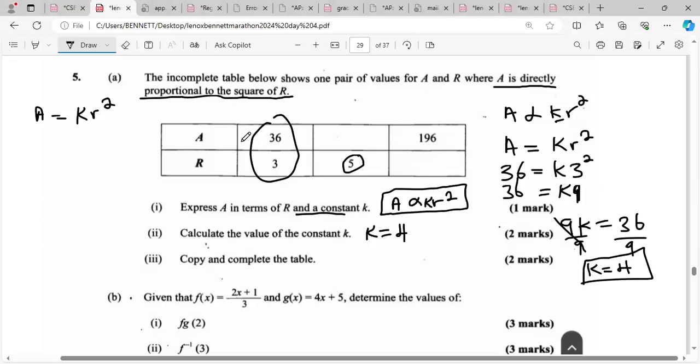We put in what we have. We have R and we have K. Now K was 4, so that's going to be the constant. All of them, K is 4. That's why it means constant, right? And this time R is going to be 5. So it's going to be 4 times 5 squared. And we know what to do already. We're supposed to do the power part first. 5 times 5 is 25. And we multiply that by the 4. The bracket means multiply. All we have to do is just multiply this and we get the value of A.